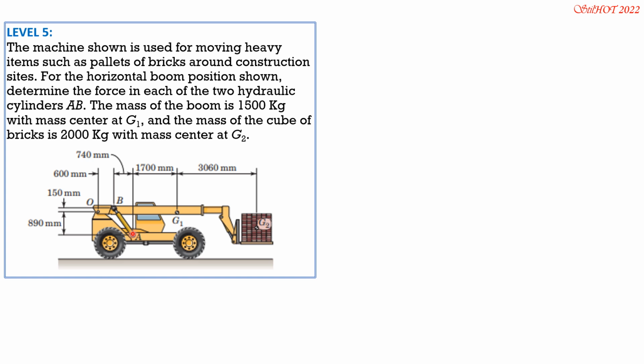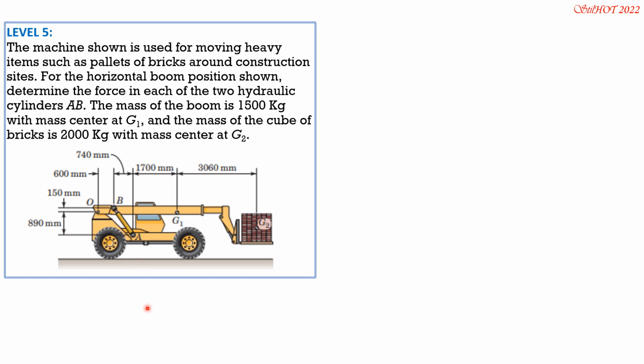Take note that there are two hydraulic cylinders. So therefore, the loadings will be transmitted only to portion AB if we divide the masses by 2 or the weights by 2, so that we only transmit the effect of these masses or forces to AB, just AB.